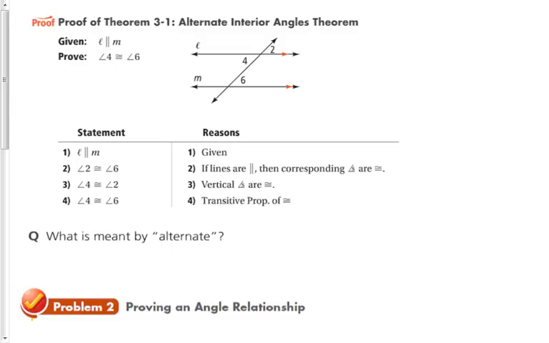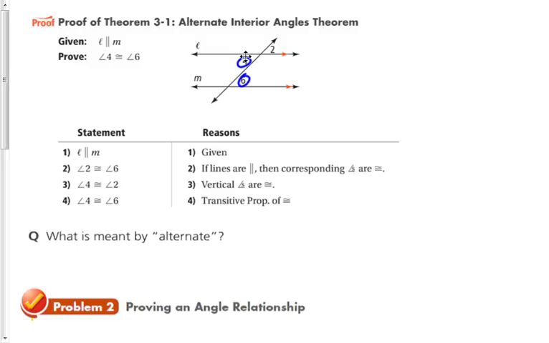All right, we're going to prove alternate angles. This is a proof of the alternate interior angles theorem, and this can give you an idea how we're going to prove some things. What we're trying to do is, given that these two lines are parallel, prove that 4 and 6 are congruent. One thing we can always use is the corresponding angles postulate, which we're just assuming is true, so we don't have to prove that.